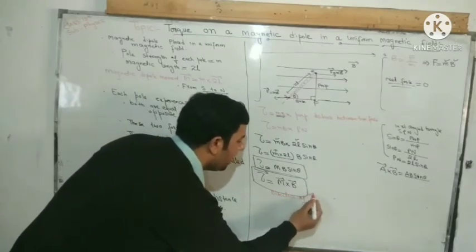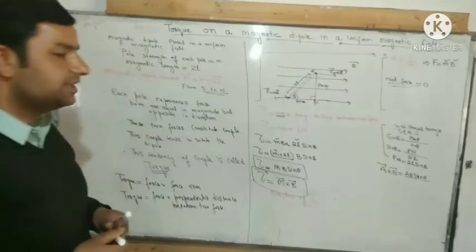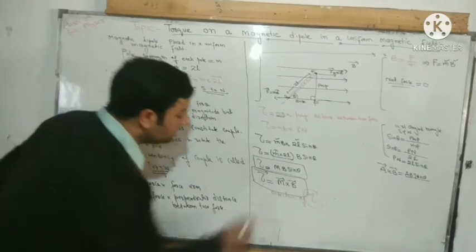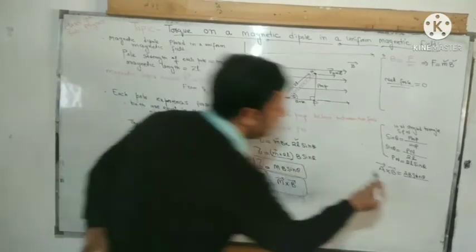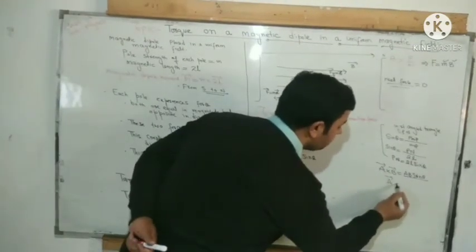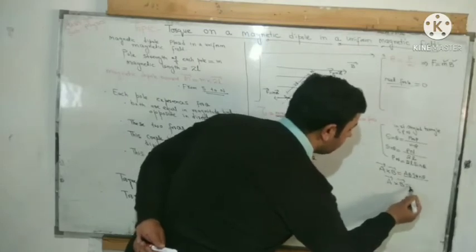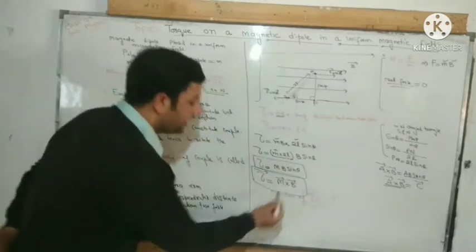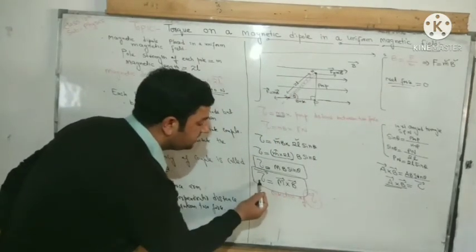So the direction of tau. Tau is a cross product, and the cross product of two vectors is a vector. Similarly here, the cross product of two vectors is a vector.